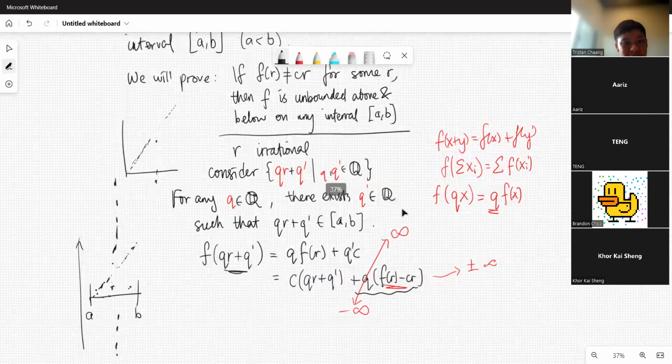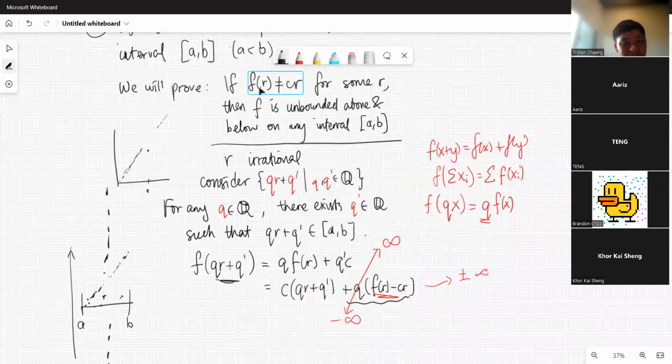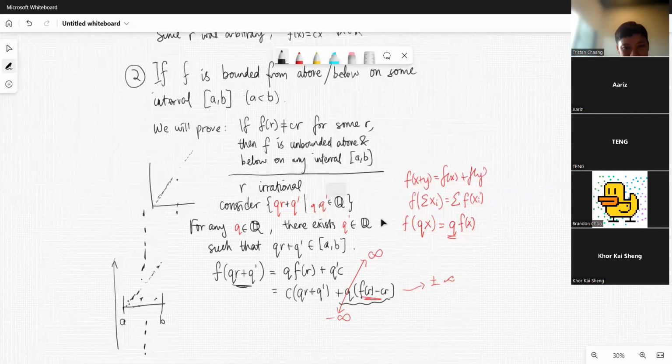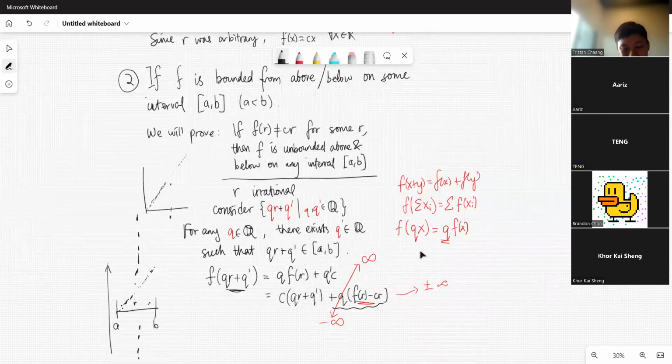And so we're done, because we managed to prove that if FR is not CR for some R, then on this interval, F is unbounded. It can be any arbitrarily large number. I'll give you guys a few seconds to digest this. Any questions so far?